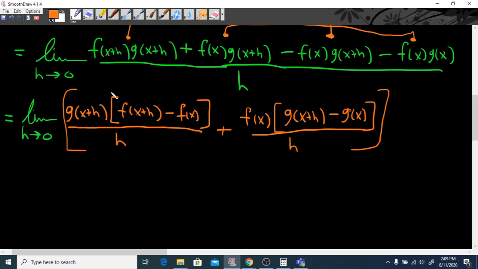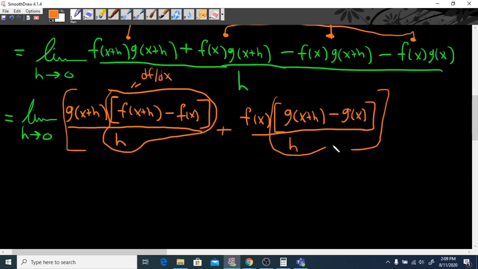So now let's look at this expression. f of x plus h minus f of x over h, limit h approaches 0. So this is literally df dx. And now let's look at term number 2. g of x plus h minus g of x divided by h, limit h approaches 0. So this is dg dx.